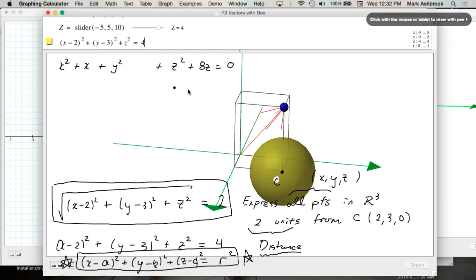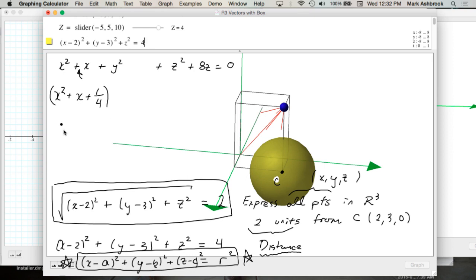So to complete the square, what you do is you take half of the coefficient of the linear term and you square it, and that completes the square. So what's half of 1 squared? 1/4. So when I do x squared plus x plus 1/4, now that thing is a perfect square.